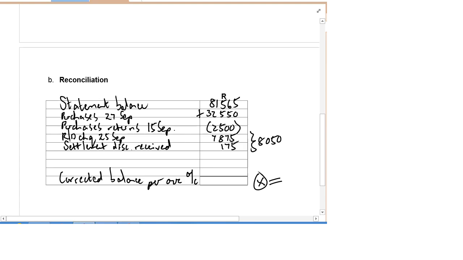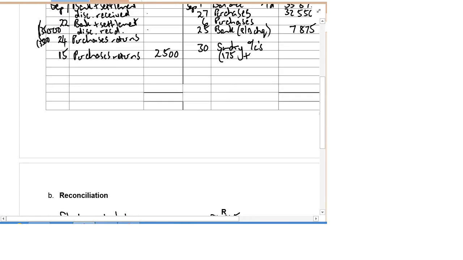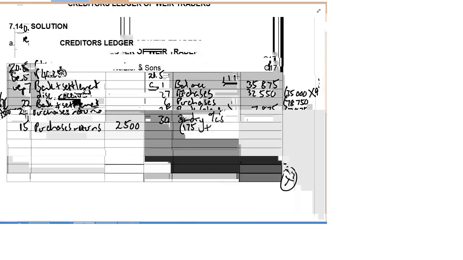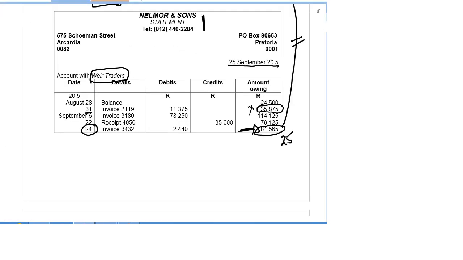So we've increased the amount on the reconciliation, we've added it back to the balance that's owing according to the supplier statements, and here we've put in the amounts into our creditors ledger accounts.